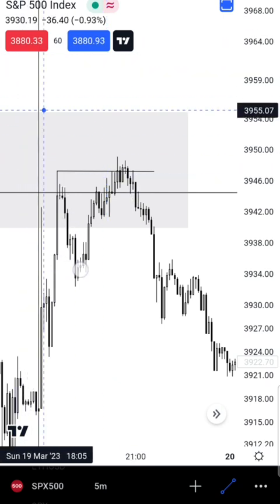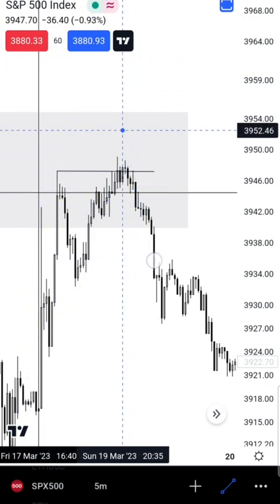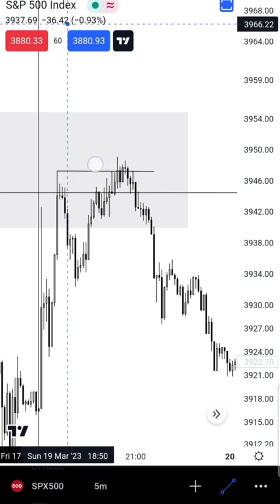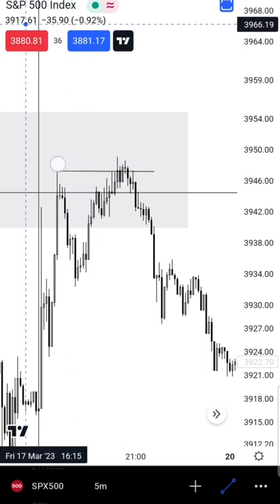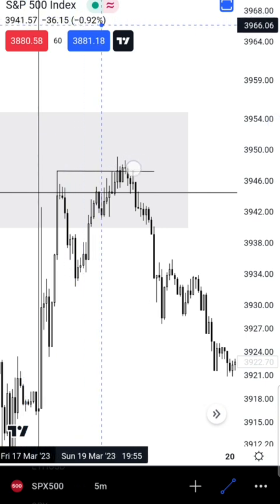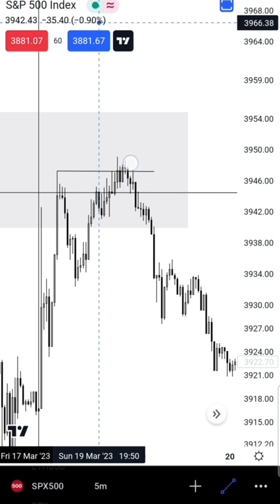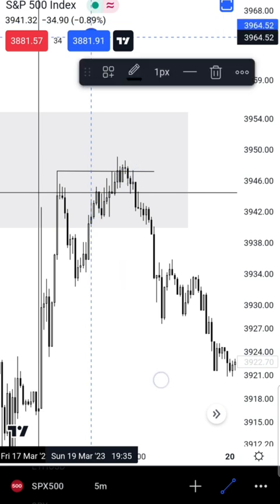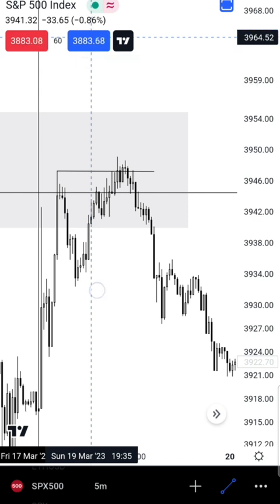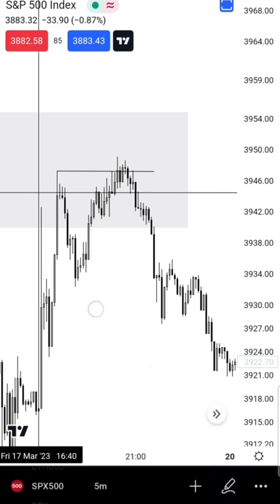The classic 2 touches of a key level. The people who were short here got stopped out, and this also will induce new buyers. So the market is always building liquidity, to transfer the liquidity from one high to a low or a low to a high.